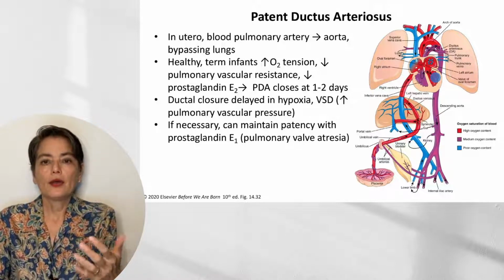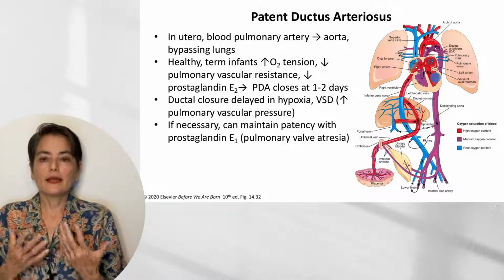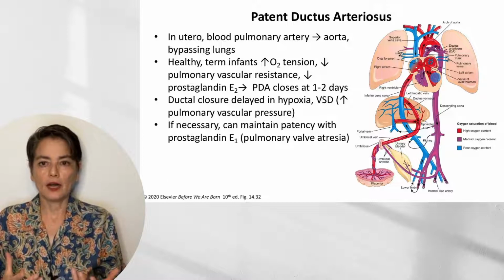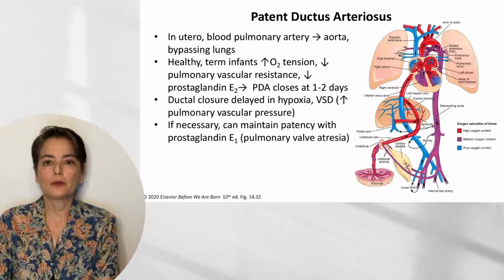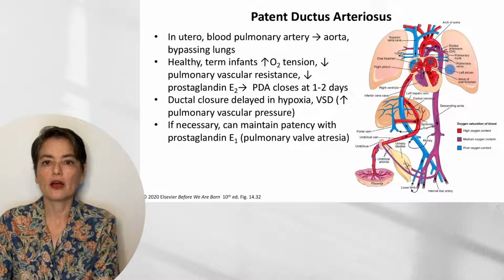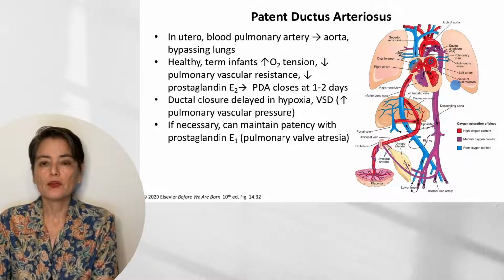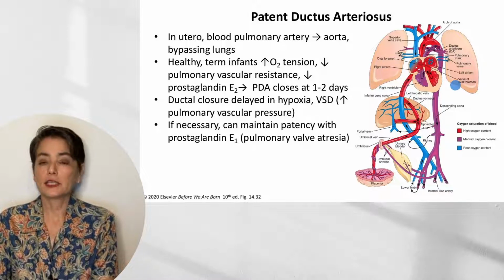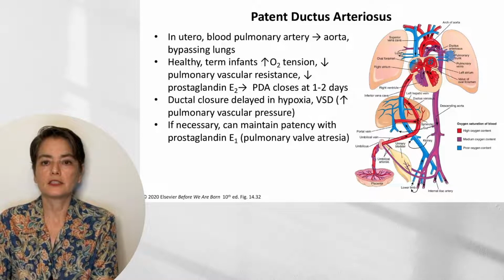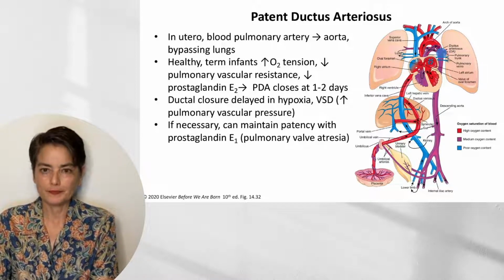And at birth, when infants take that first breath, they increase their oxygen tension and decrease the pulmonary vascular resistance. Their lungs are going to fill and the pulmonary vascular resistance drops. We also get a decrease in prostaglandin E2. Both of those are going to stimulate closure of the ductus arteriosus in about 1 to 2 days.